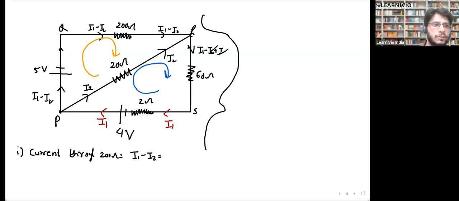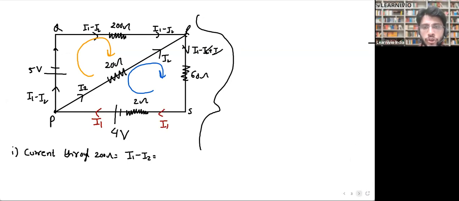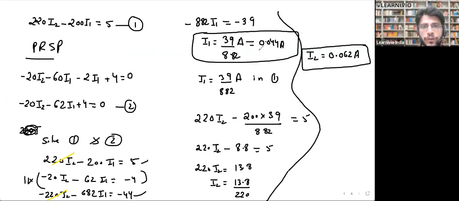And see how much is I1? So we are doing this again. Now we are calculating current through each one. Then we will calculate voltage. Okay, sir. So I1 is 0.044 and I2 is 0.062.